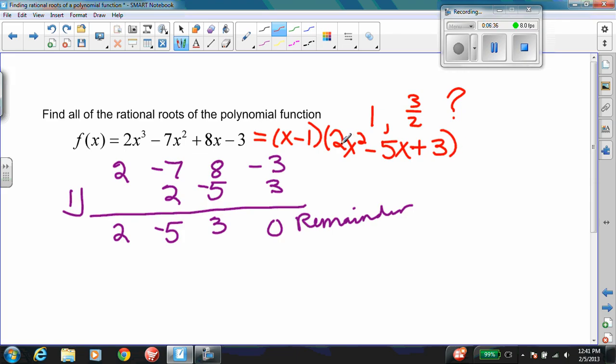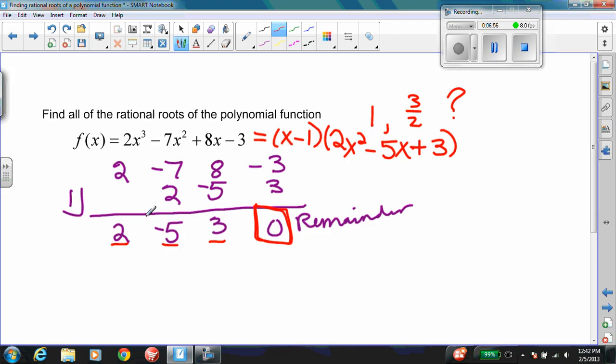And I got these numbers, the 2, the -5, and the 3 from this. When this is my remainder, these numbers give me the coefficients of the x squared term and the x term, and also of the constant if I were to divide this by long division.